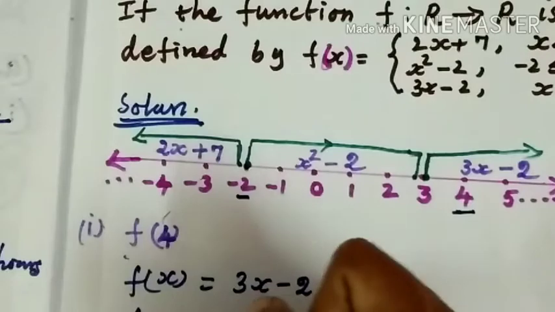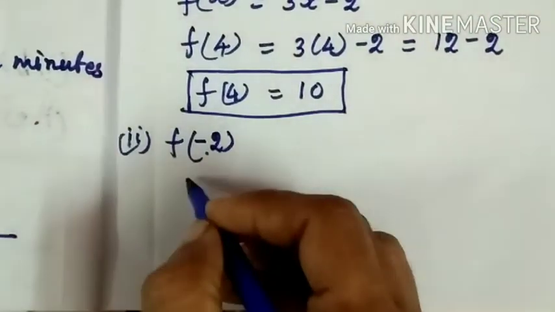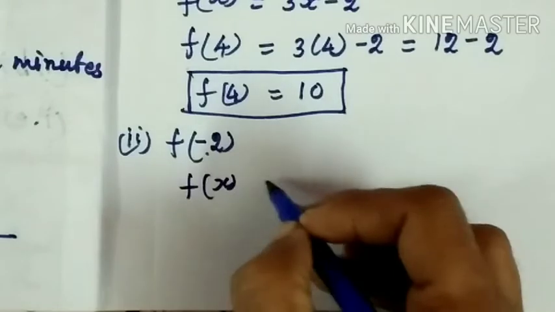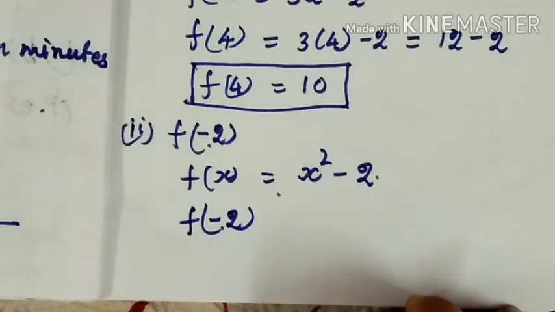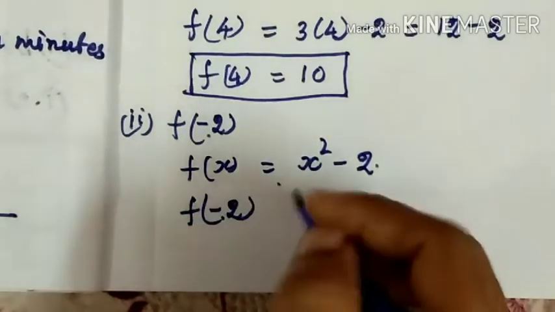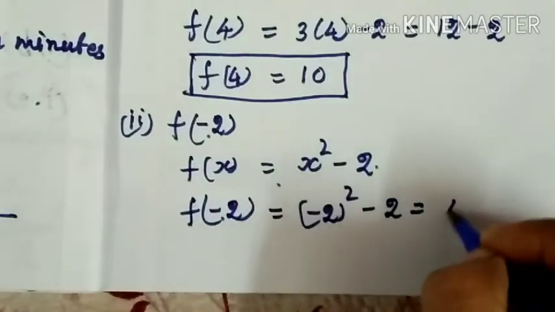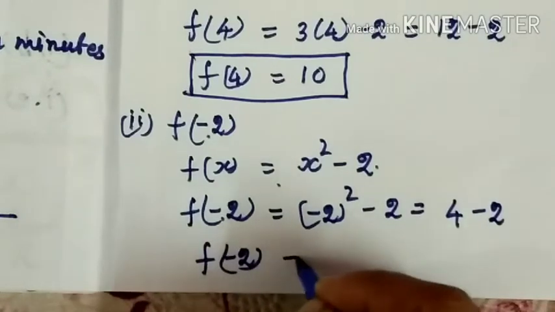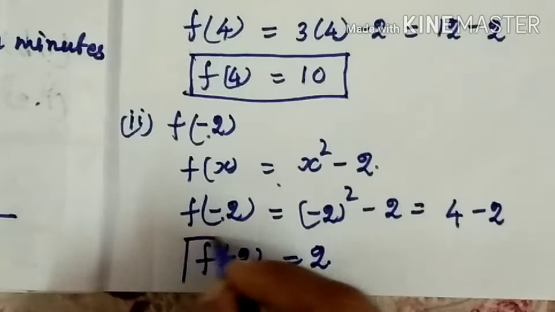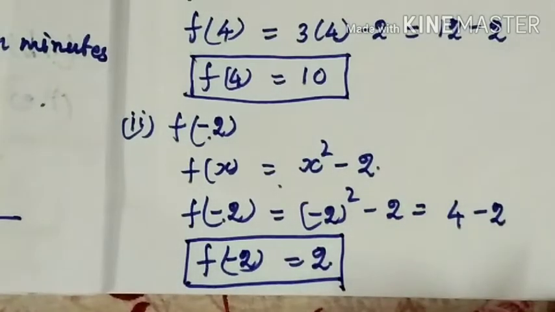So f of minus 2 is defined as x squared minus 2. Now replacing x with minus 2, we get minus 2 the whole squared minus 2, that is 4 minus 2. Therefore, f of minus 2 equal to 2. This is the answer for the second subdivision.